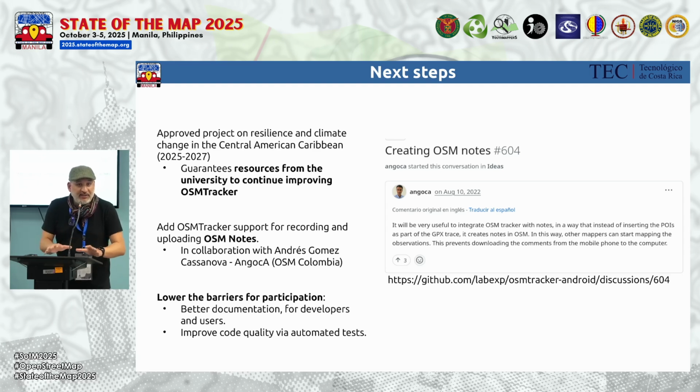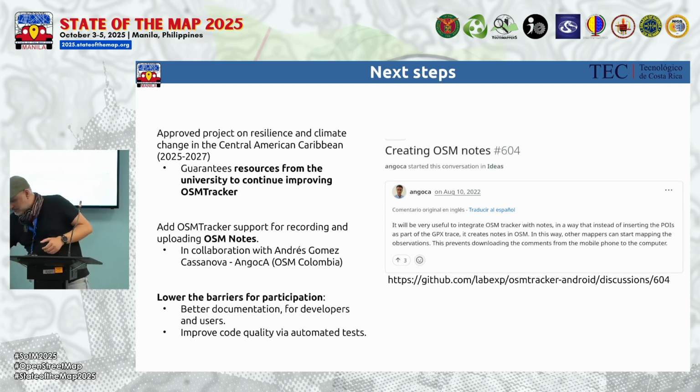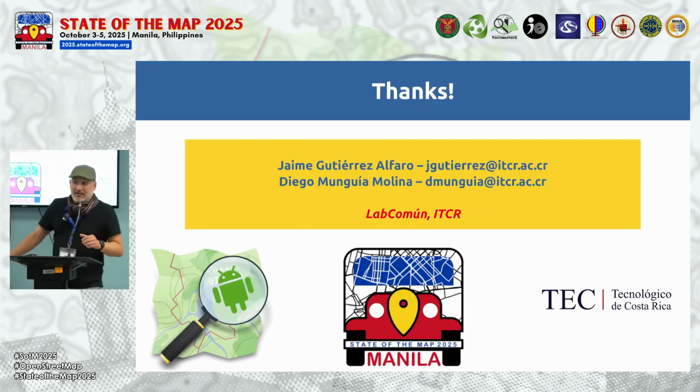That's a technical issue that we are going to work on with tests. I think we need to add more tests to make it easier for new collaborators to contribute to the project. And I think I speak too fast, so that's all, and I open the space for questions and comments.